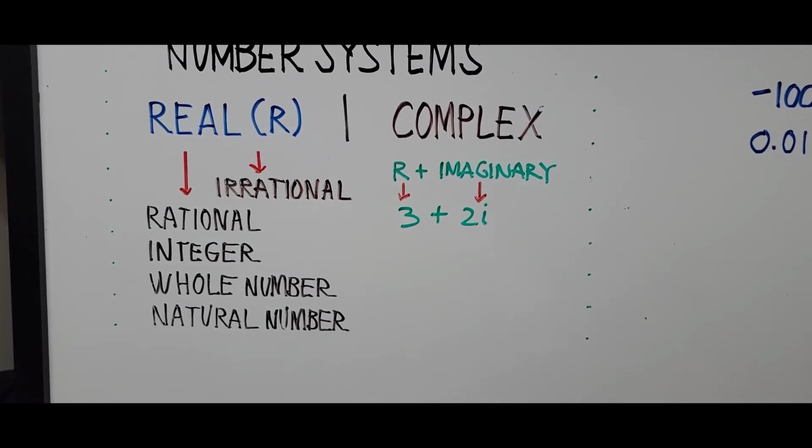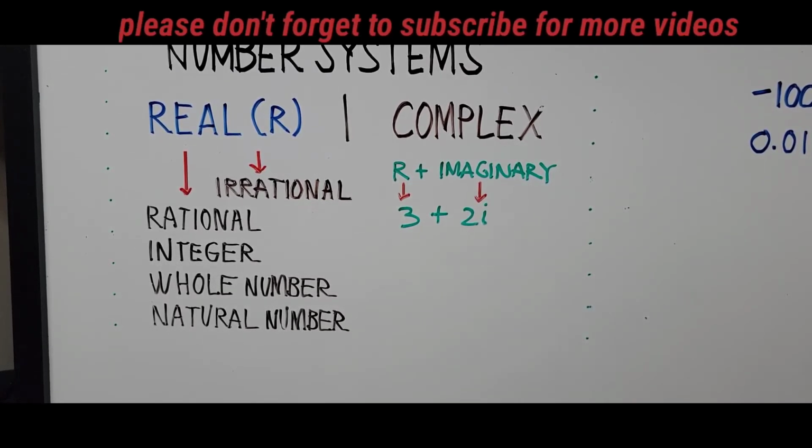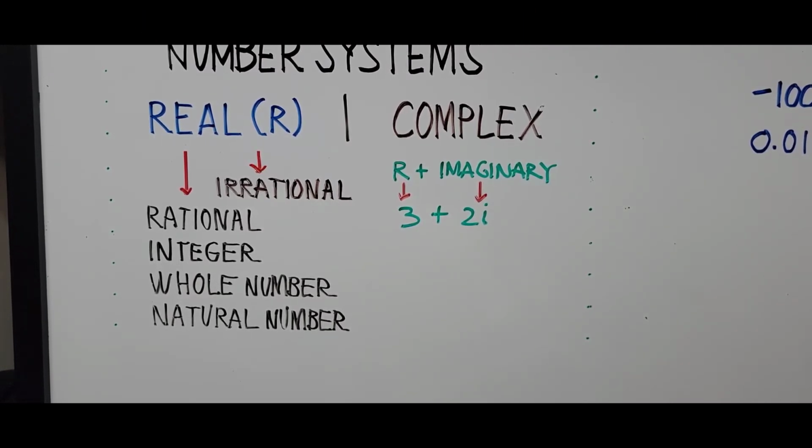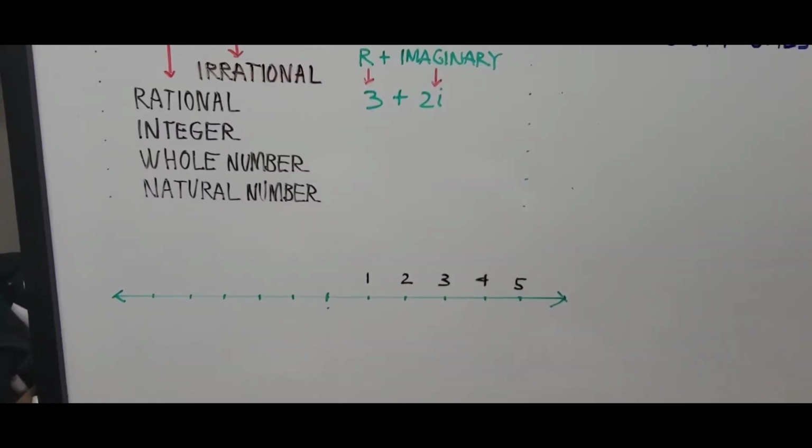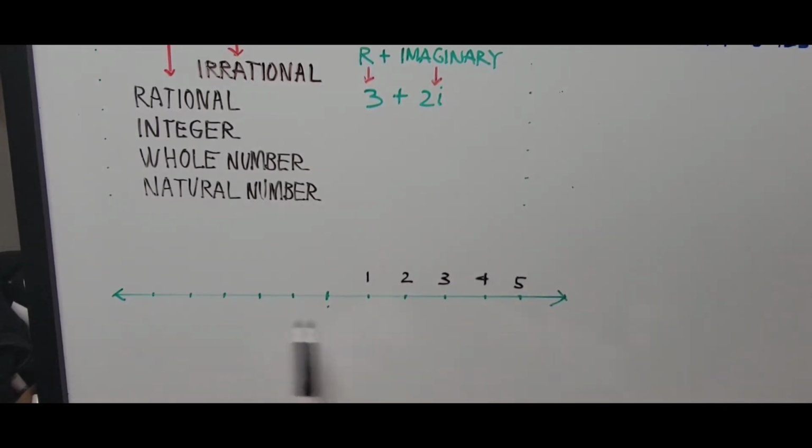Okay, so to gain more knowledge about that, let's do this. For you guys to get a clear understanding of what we're talking about, the real numbers, we try to enlighten everyone by representing all these kinds of numbers on a number line. Here's the number line right here with arrows on both ends.